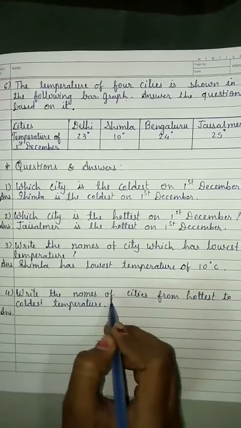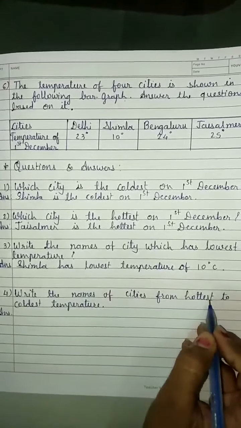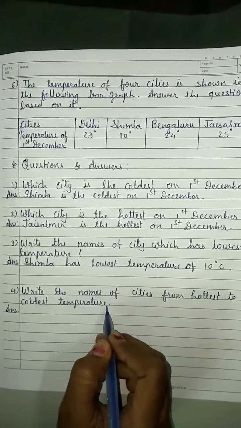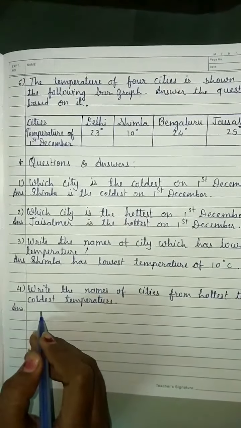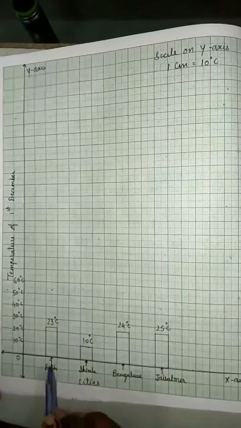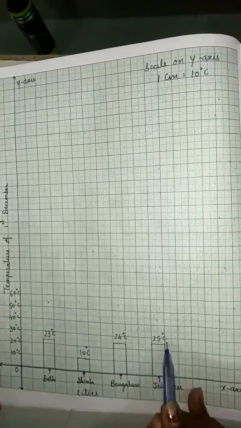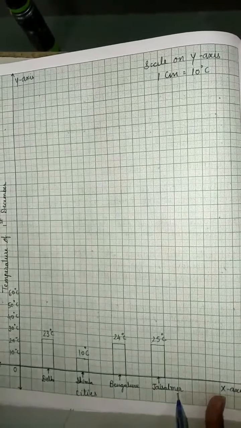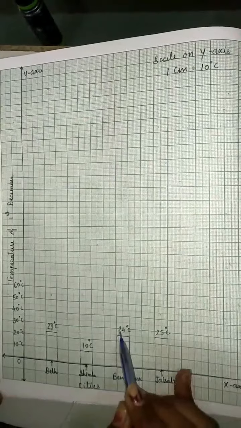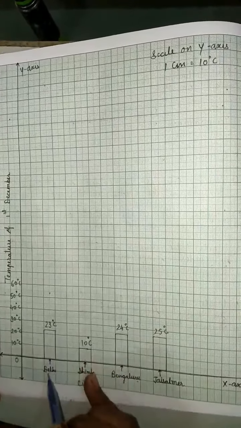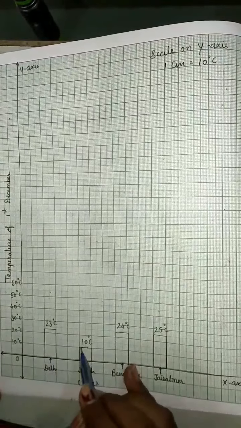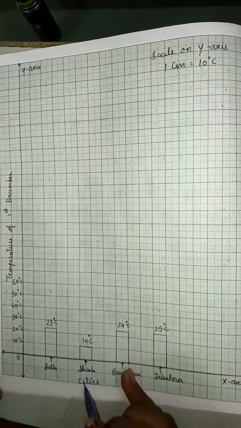Okay, now let's read question number 4. Write the names of cities from hottest to coldest temperature. So let's see in the bar graph. So here you can see 25 degree Jaisalmer is the hottest. After that 24 degree Bangalore, and after that 23 degree centigrade Delhi, and last 10 degree centigrade Shimla.